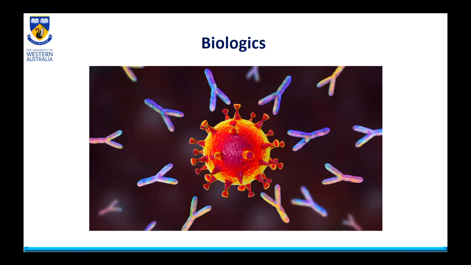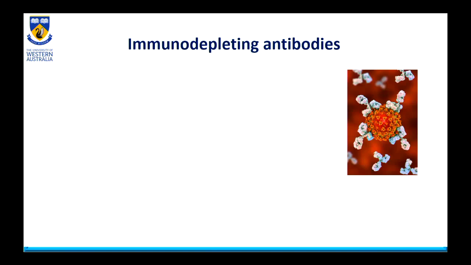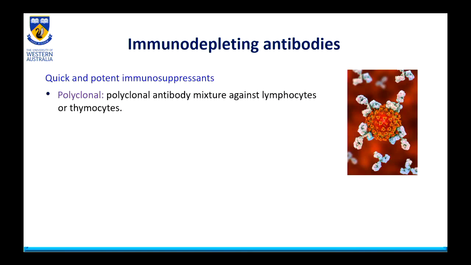So what about biologics? And as you can imagine by this picture, we're talking about antibodies. So we can have immunodepleting antibodies. These are quick and potent immunosuppressants. You can have polyclonal antibodies. So they actually affect lots of different proteins on the surface of T cells.